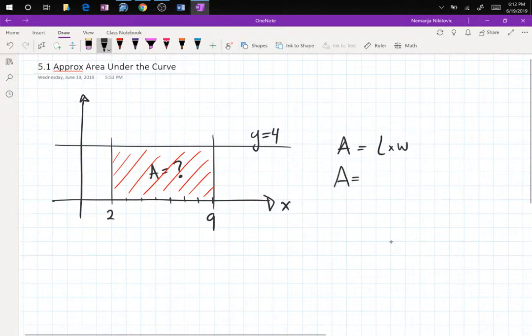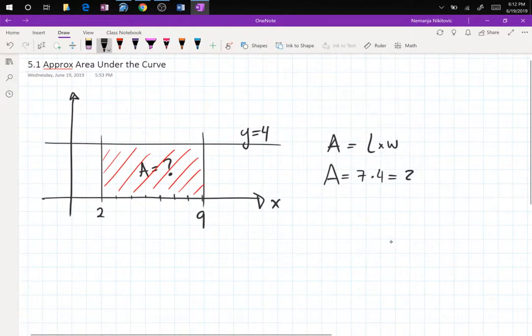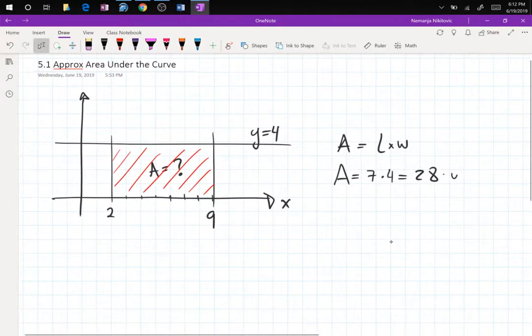What's the length in this case? 7. Times the height of 4. So the entire area is 28 units squared. Centimeters squared, millimeters squared, inches squared, miles squared, whatever you are talking about.